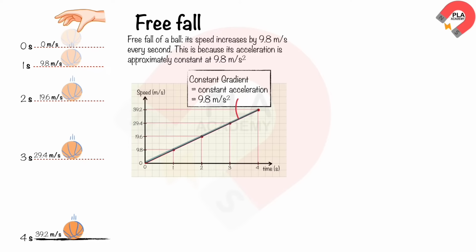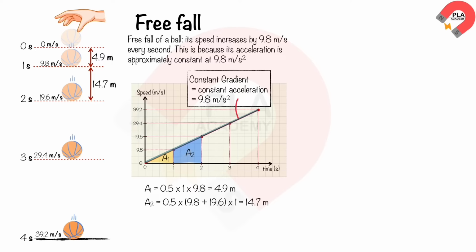Distance moved between 1 and 2 seconds equals 0.5 times the sum of 9.8 and 19.6, times 1, which is equal to 14.7 meters. Distance moved between 2 and 3 seconds equals 0.5 times the sum of 19.6 and 29.4, times 1, which is equal to 24.5 meters.